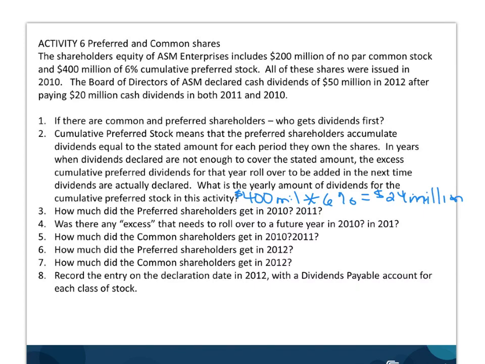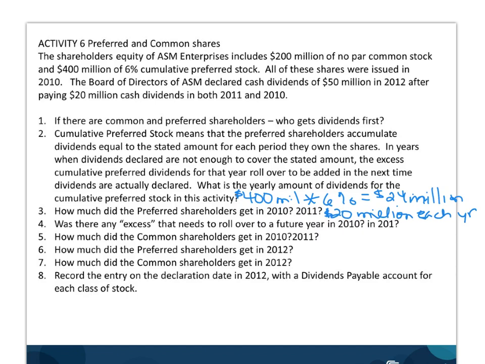All right, so then we have some information about the history, and we see that in 2011 and 2010, the board of directors only declared cash dividends of 20 million. So in those years, how much in dividends did the preferred shareholders get? Well, they got everything. They're entitled to 24 million, but if there's not 24 million, whatever is declared, they are going to get.